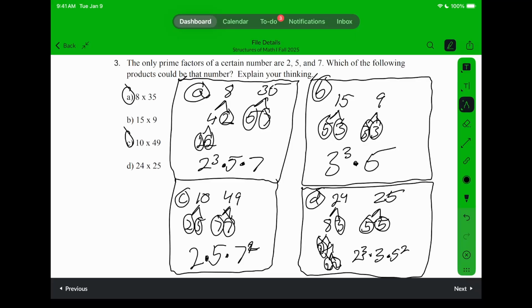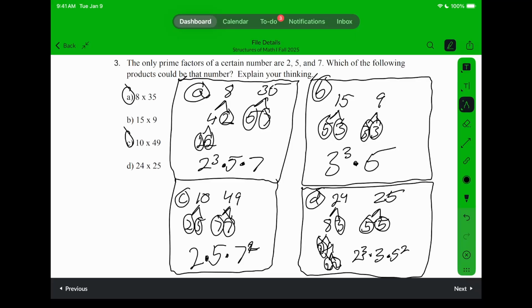And then you're asked to explain your thinking. So what I wrote was, instead of having to multiply each expression, you can find the prime factors of each number separately, which will end up being the same prime factors as the number that you get if you multiplied each expression.